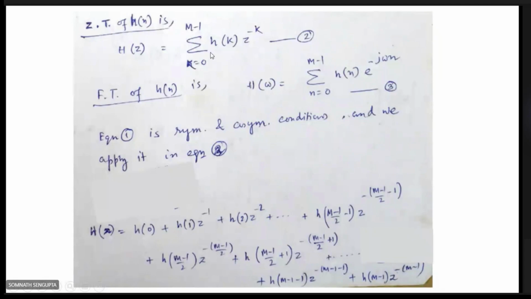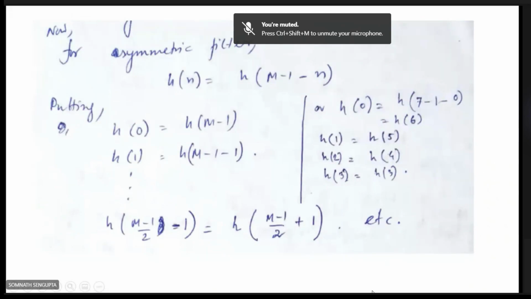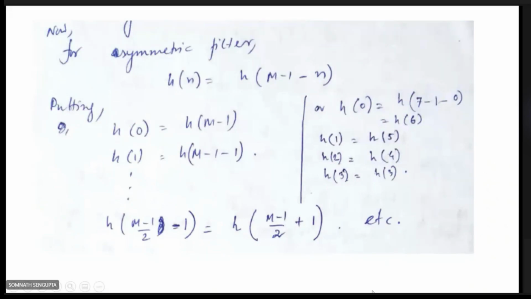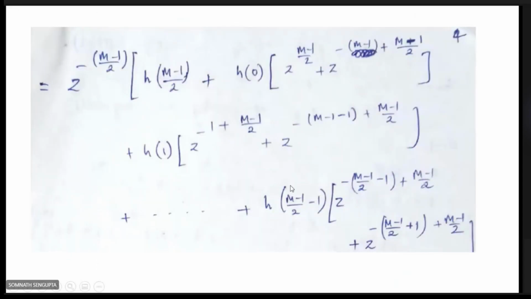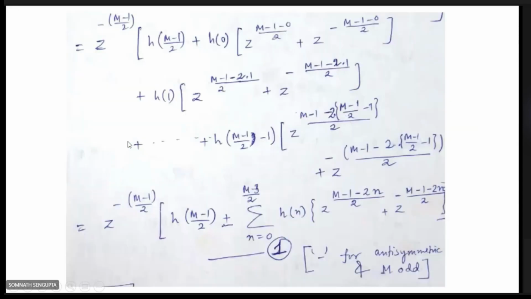Once you get hn, then the impulse response hk, then in place of Z you just write the series, and using the property, finally we get this long equation. Okay. Equation number 1.